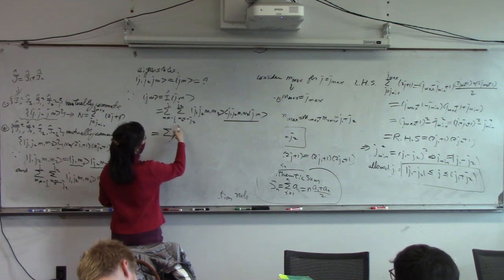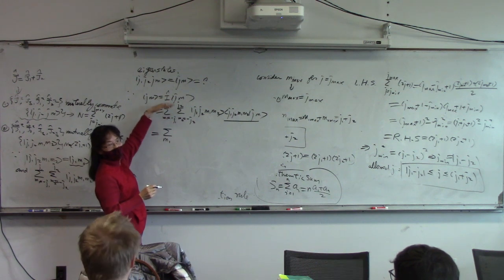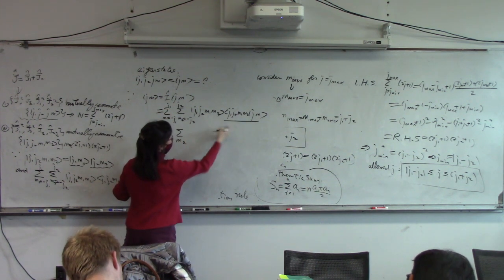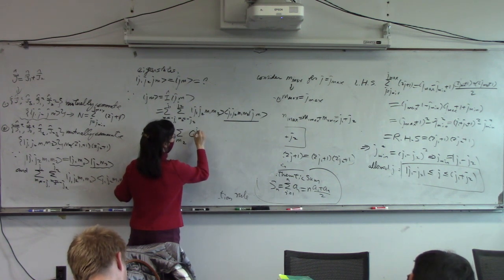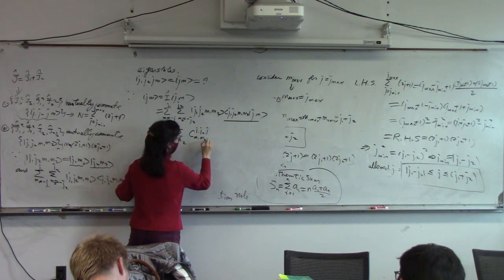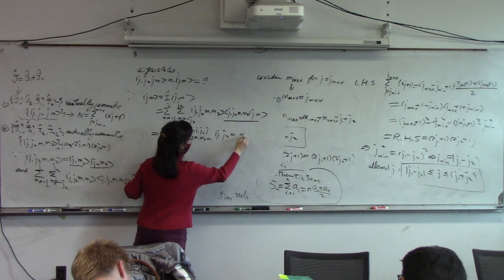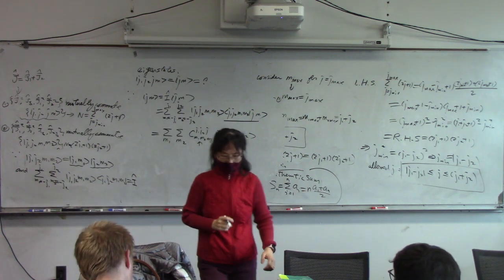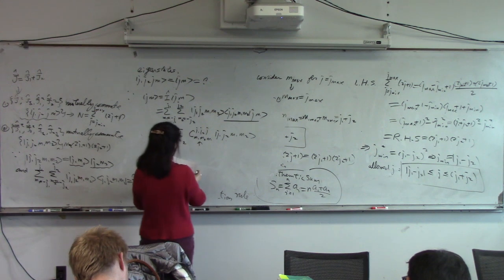Now I'm going to introduce this coefficient, because this is a scalar product: ⟨j1, j2, m1, m2|j, m⟩. This one we call the Clebsch-Gordan coefficient.